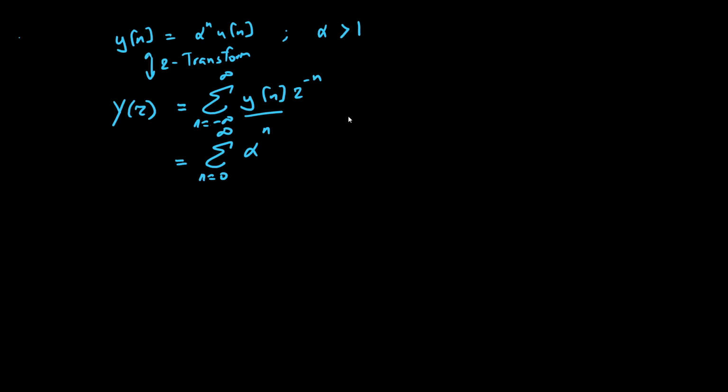So the limit would go from 0 to infinity, and we would have z to the minus n. Or simply we can have the summation of alpha by z to the power n, where n is from 0 to infinity. Now this is a geometric series.